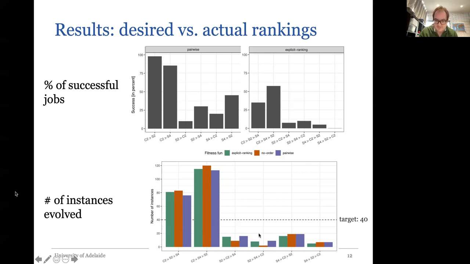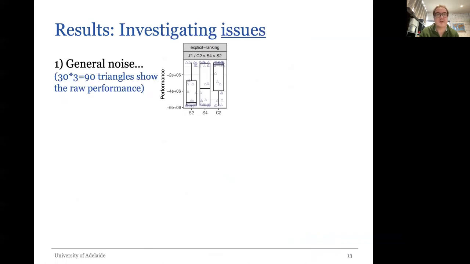But we did not get to 40 everywhere. Having said this, we have about 30 instances here where C2 performed worst, and another 20 instances here where again C2 performed worst. It was a pleasant surprise that we managed to achieve this nevertheless.